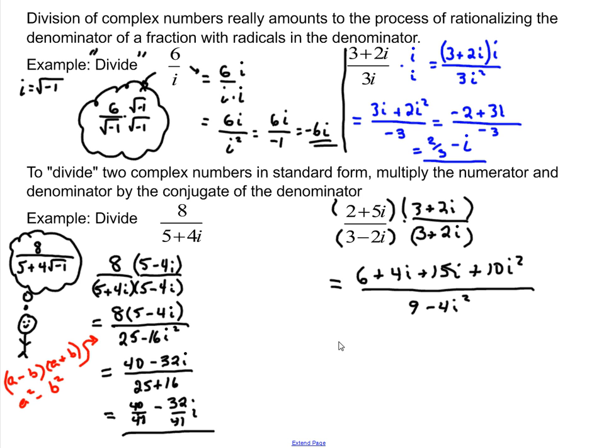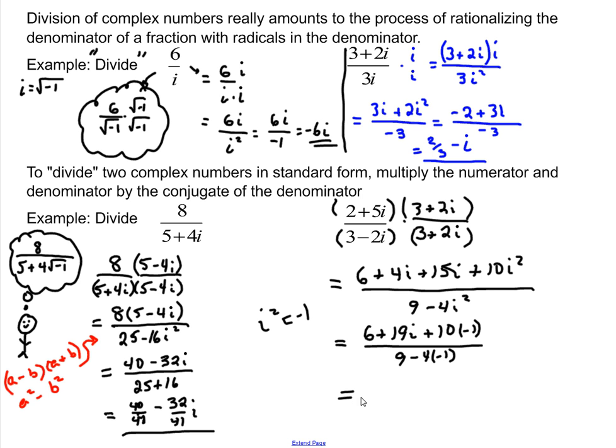All right, let's simplify and get rid of those i squareds right here. We're going to end up with 6 plus 19i plus 10 times negative 1, divided by 9 minus 4 times negative 1. Replacing i squared with negative 1, remember.